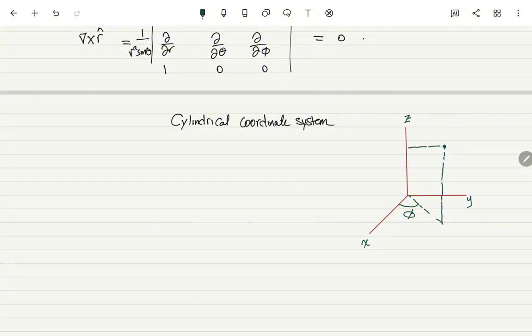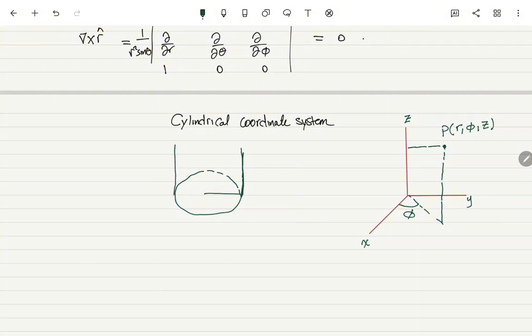Therefore, the point P has three different coordinates, which are r, phi, and z. Remember, when you draw a cylinder, you have a radius that creates a disk, and you move this whole disk up in the z direction.